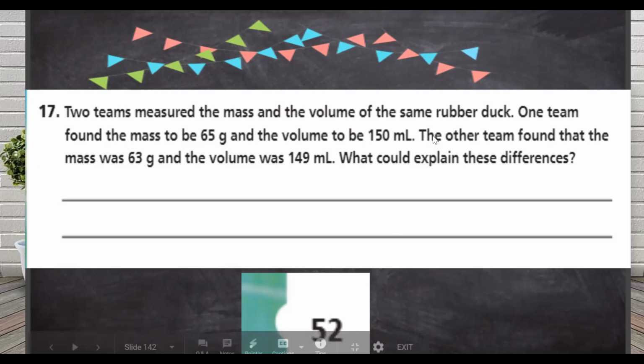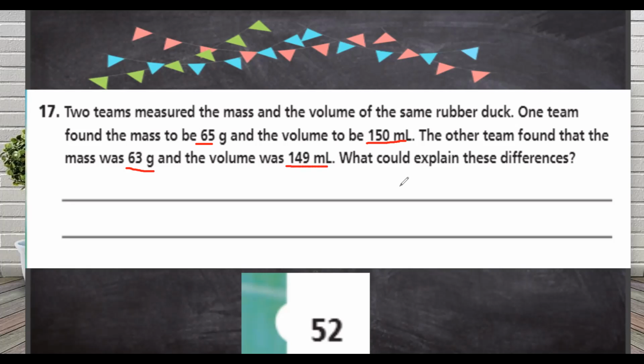So over here, let me use the pen to show you. So team number one had the mass 65 grams. The other team, 63 grams. All right. The first team, 150 milliliters, the volume. The second team found the volume 149.